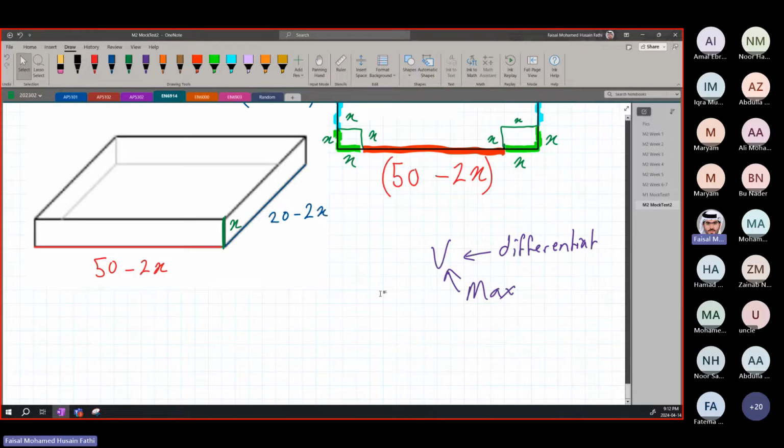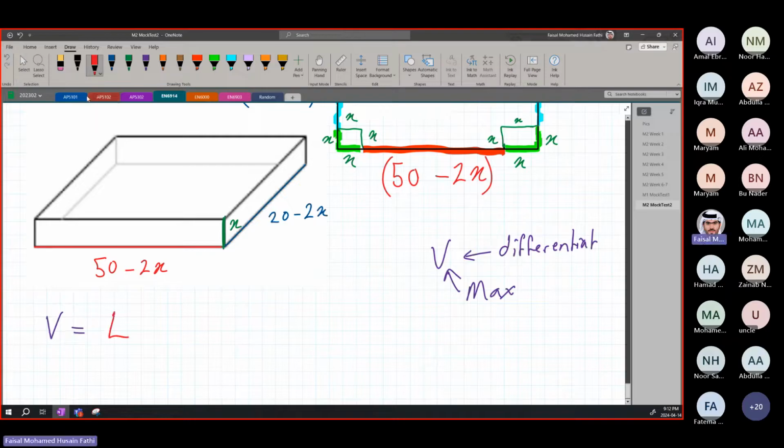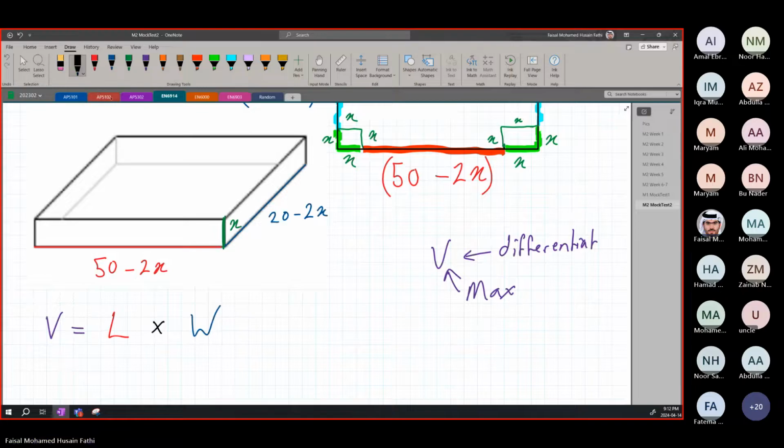Now, how do we find the volume of a box? Again, volume is simply equal to length times width times height. So this is our width, this is equal to our length, and this x is equal to our height.